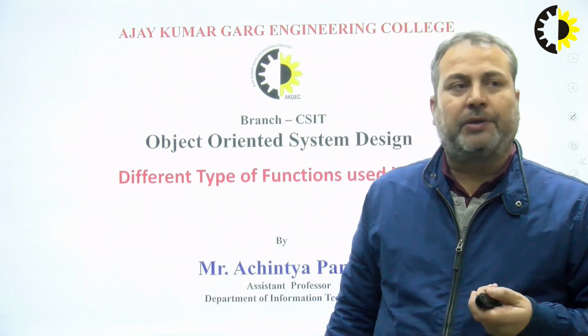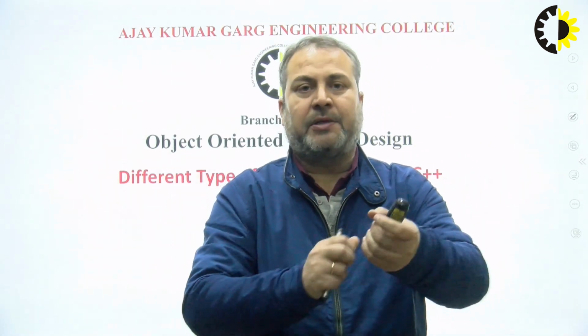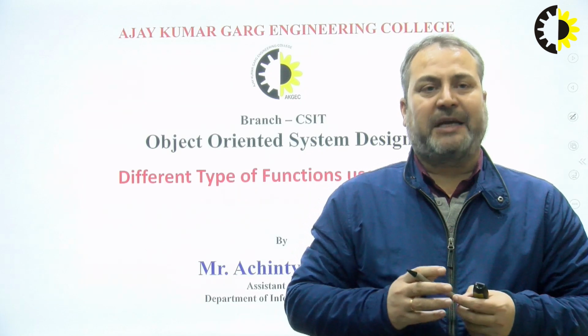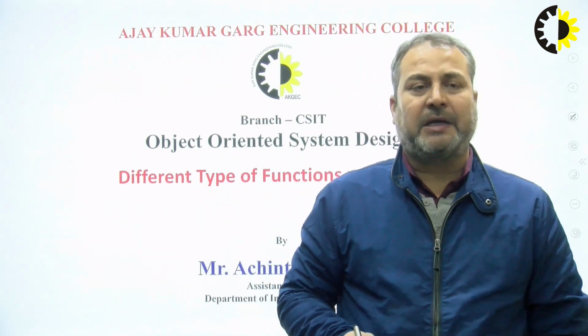Today I will speak about different types of functions used in C++. In my earlier video, I discussed object-oriented languages, which are of two types: one is object-based language and the other is object-oriented programming language.